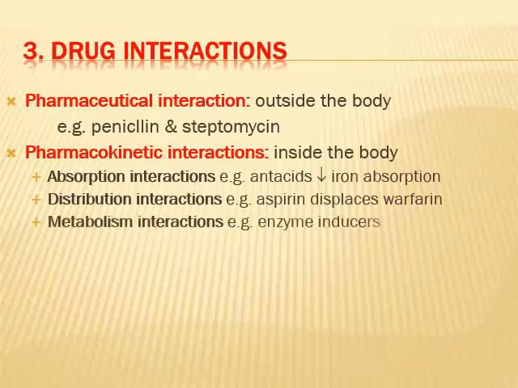An example of metabolism interactions occurs between a cytochrome P450 oxidase enzyme inducer, e.g. phenytoin, and a drug which is a substrate for this enzyme, e.g. an estrogen preparation. This can explain the unintended pregnancy, which occurs in a female taking the oral contraceptive pills, when they are prescribed phenytoin for long-term treatment of epilepsy.